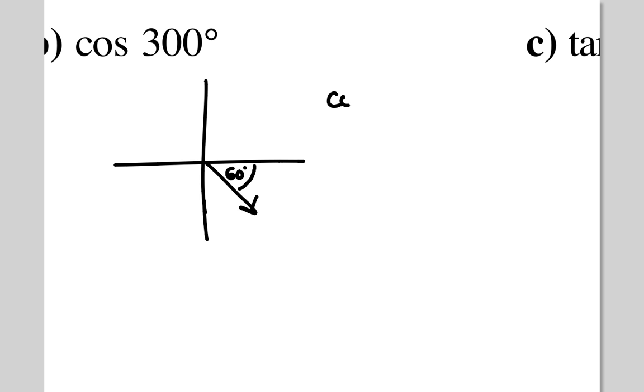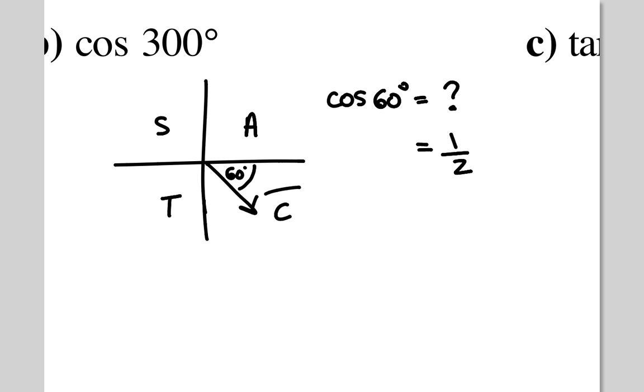So cos of 60 equals, and then I'd have to go to my calculator, hit cos 60, and it gives me 1/2. But I'm in the fourth quadrant, add sugar to coffee, so being positive on the right, this answer is okay.